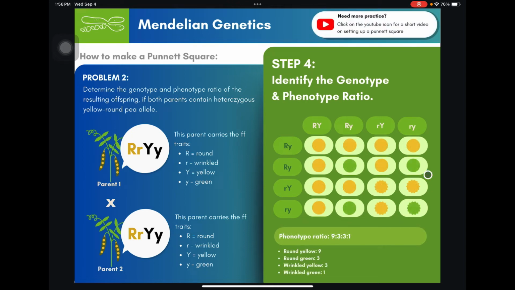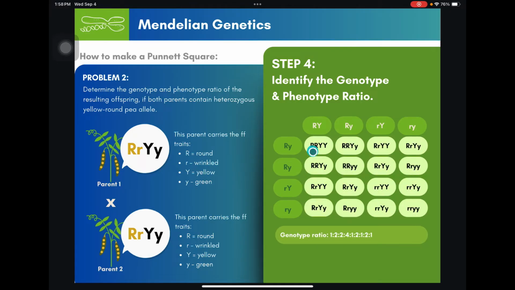On the other hand, we also have the phenotype ratio, wherein you will have to predict the color and the shape of the seeds, or the pea rather. Again, if there is a presence of a dominant allele, it is the dominant allele that will be reflected.